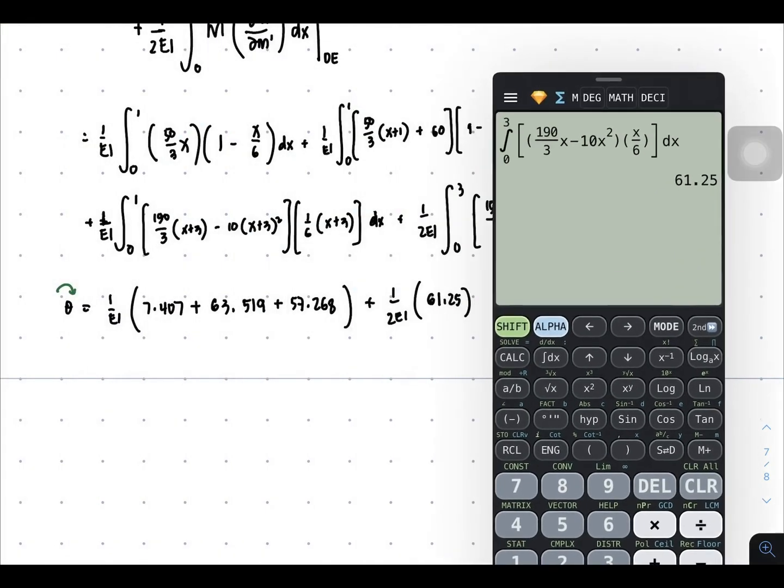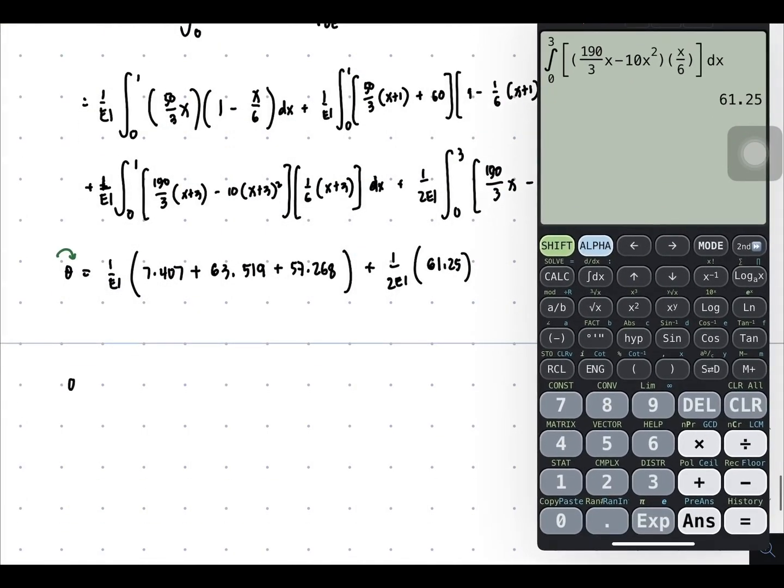That's 61.25. So with the slope and the direction clockwise, it's going to be 7.407 plus 63.519 plus 57.268 plus 1/2 of 61.25.